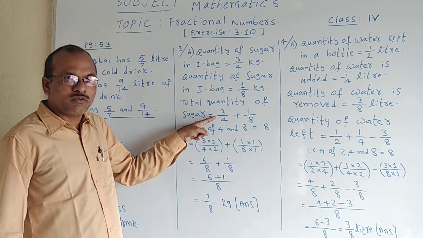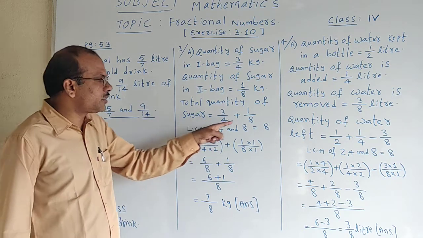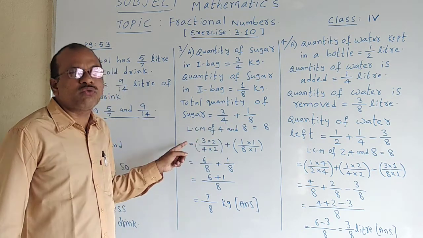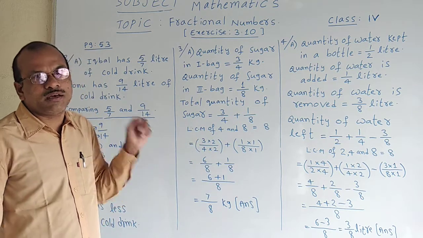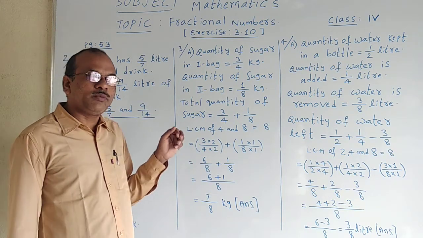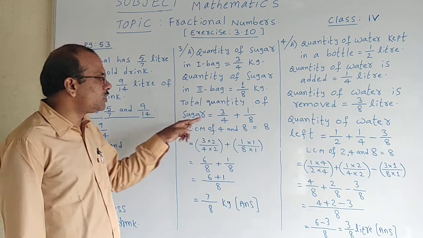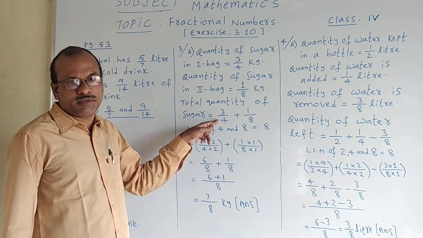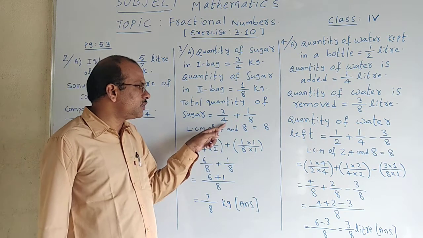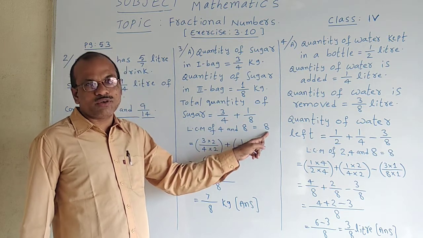Since the denominators are not equal, we should find the LCM of the denominators. So 4 and 8, LCM is 8 only.